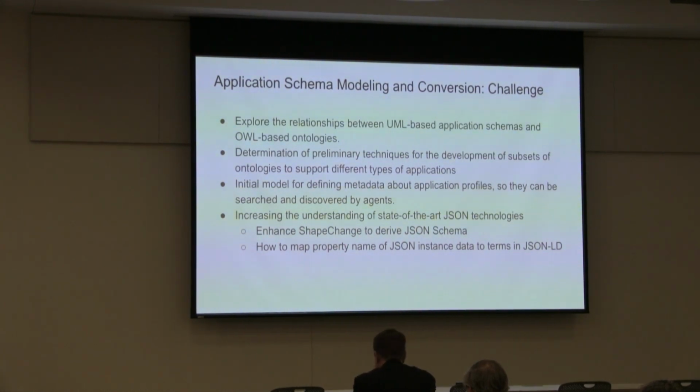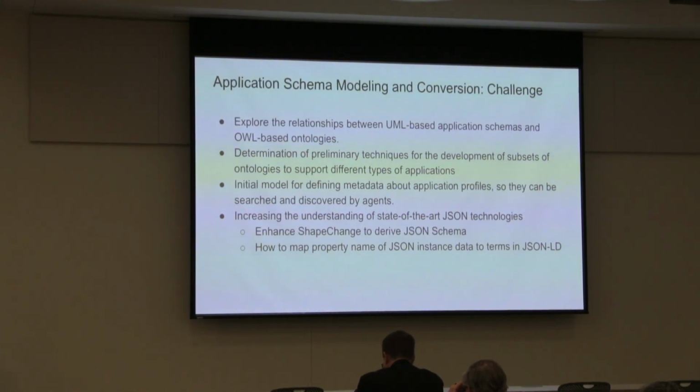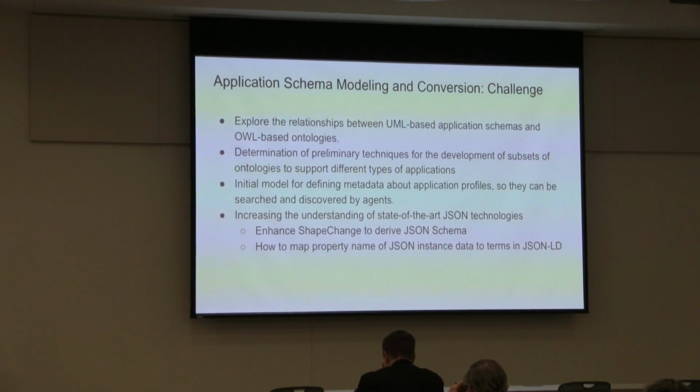And this is a task that has been done in, I think, the last 5-6 testbeds, where we're trying to see where we can get UML conceptual models. A lot of OGC standards are based on UML, and how we can provide a more readable, machine-friendly form. This is sometimes GML application schemas, and sometimes OWL-based ontologies.